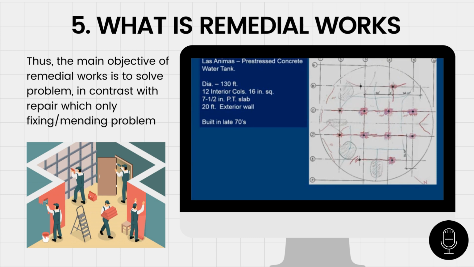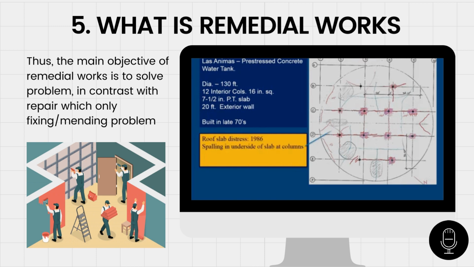This is a problem. plan view drawn by In Jim this Harris. video, And the Jim was the link is project provided engineer on this and to be principal. viewed by all of you, The thus exterior and to wall is better 20 foot understand high. It was built what in the late remedial 70s. work is. So Jim goes out What and looks at is this project remedial works? because there's some distress showing Thus, the main Roof objective slab of distress remedial in works 1986, is to solve falling problem. in the underside In of the contrast columns. with repair, Very which unusual. only fixing Cracks or in the mending top of the slab. problem. In between the In columns.